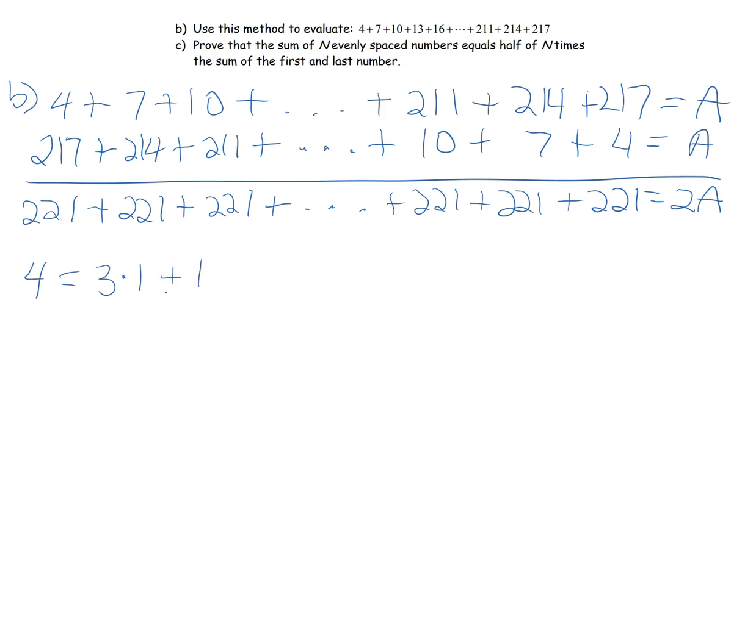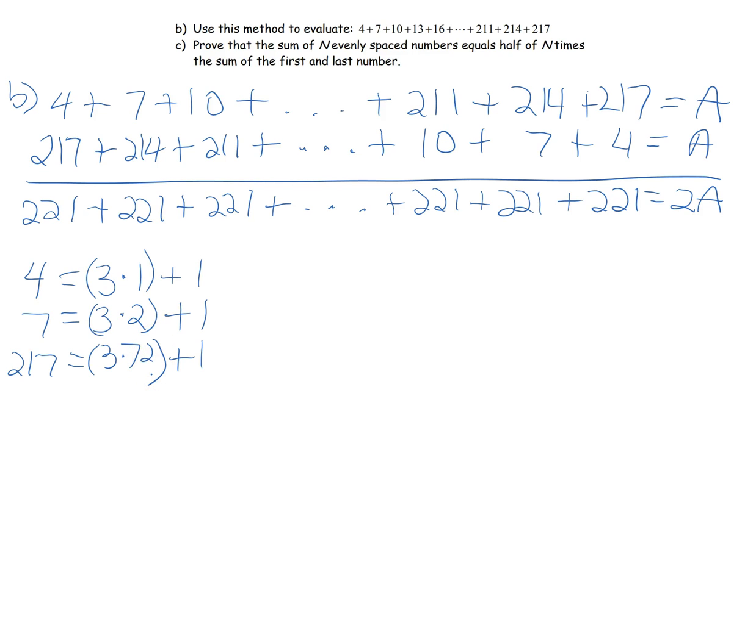To get our second number, 7, we take 3 times 2, and then we add 1. So to get our last number, 217, if we want to add 1, it's going to be given by 3 times 72.